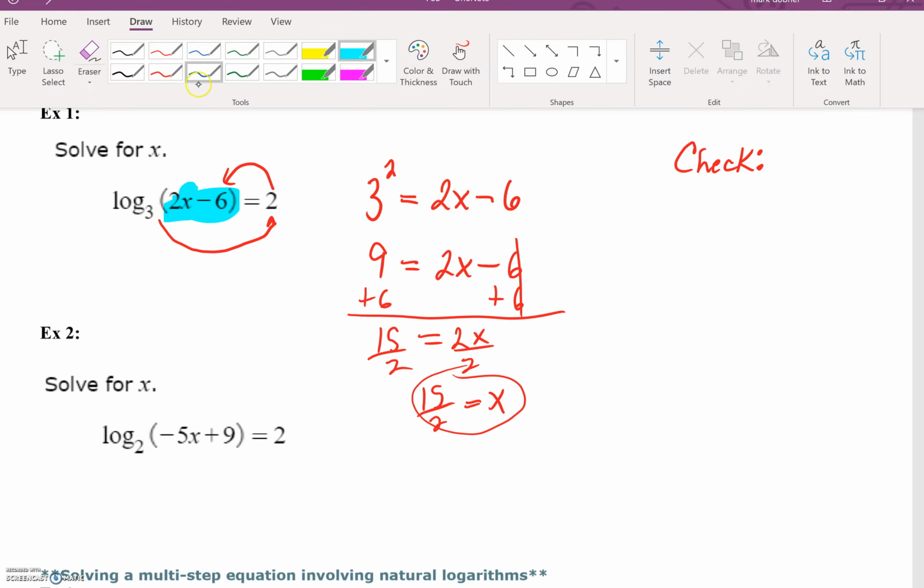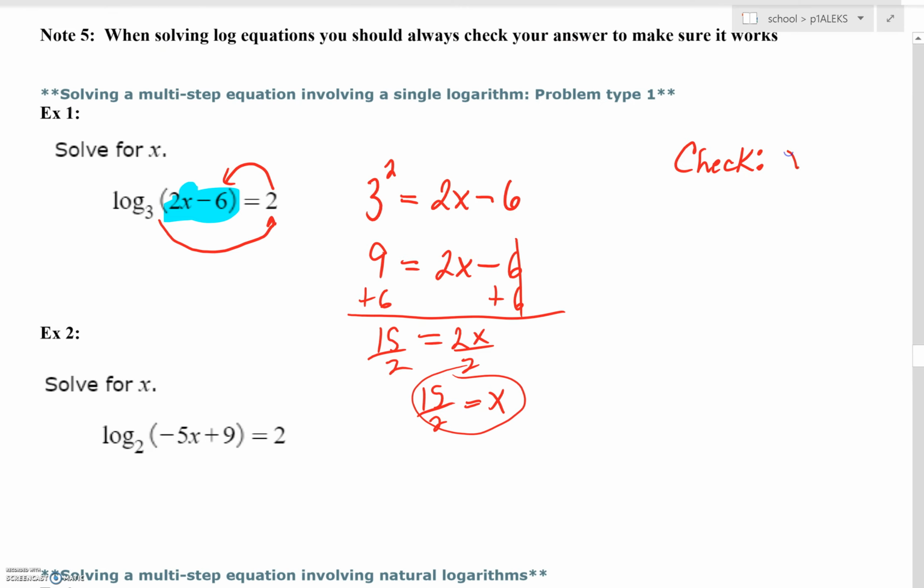So if we were to take a look, does x equal 15 over 2 get us a positive number when we plug it in? Well, you don't even need a calculator to check this. You're more than welcome to have it. But look, the 2's cancel, and you'd have 15 minus 6, which is a 9. That's greater than 0. We're going to be good to go.